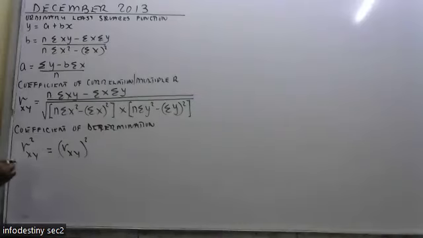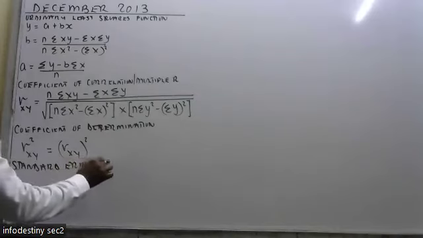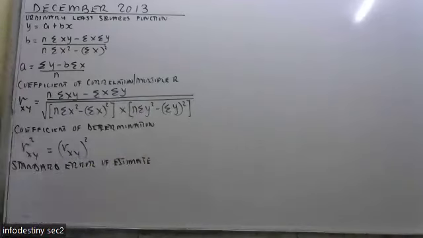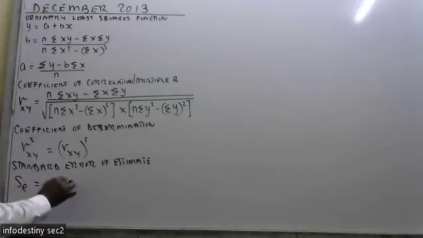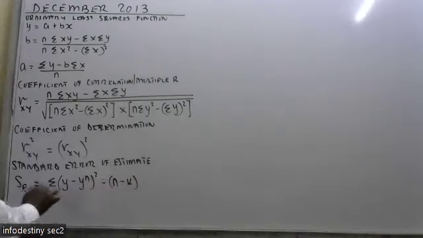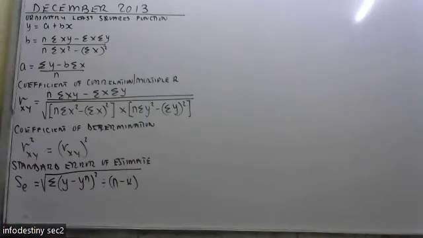The standard error of estimate, SE, is given as sum of y minus y predicted, this one squared. You divide by n minus k. Then the whole of this, you get the square root.